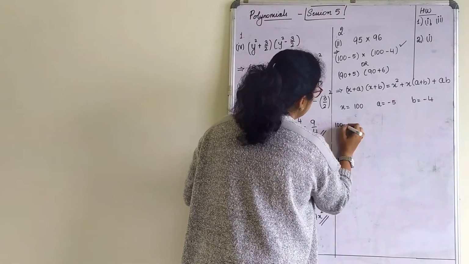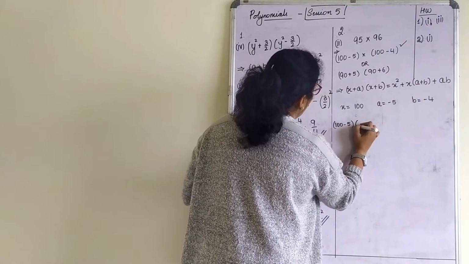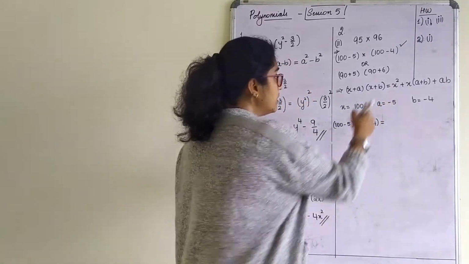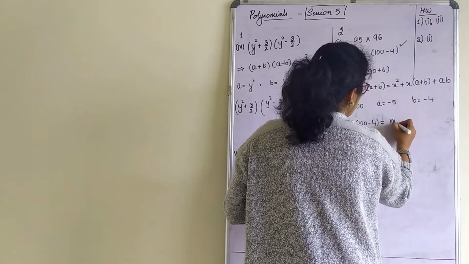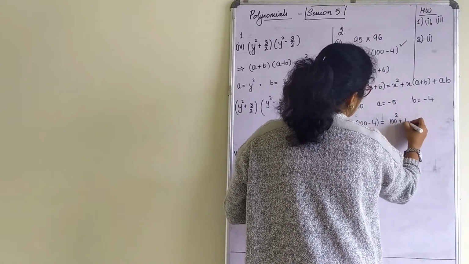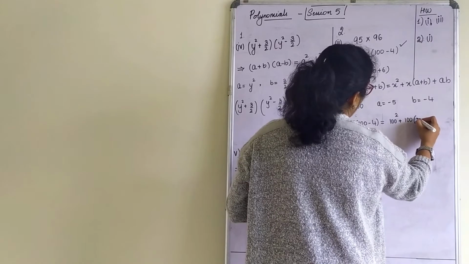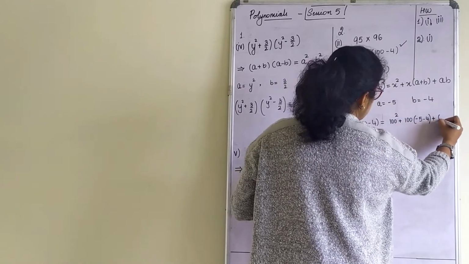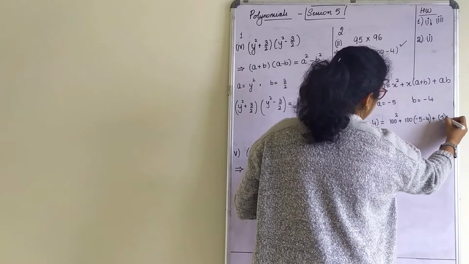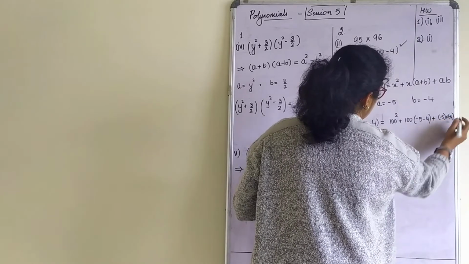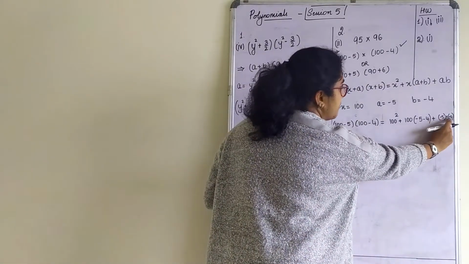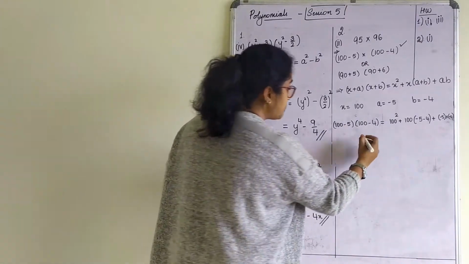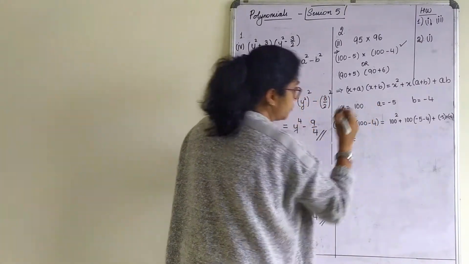So 100 minus 5 into 100 minus 4 is equal to, identity wise, 100 square plus 100 of minus 5 minus 4 plus minus 5 into minus 4. Children, kindly adjust. I have written minus 5 and minus 4 in very small numbers since I do not have space there.